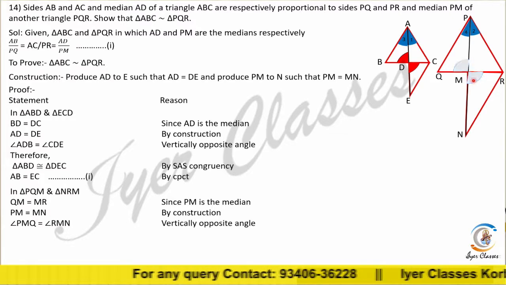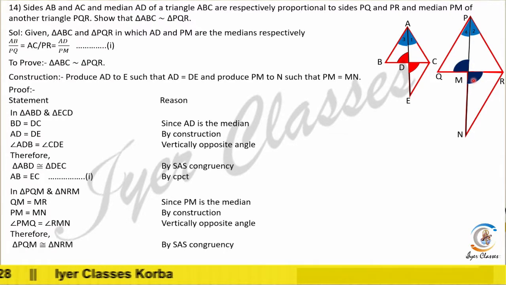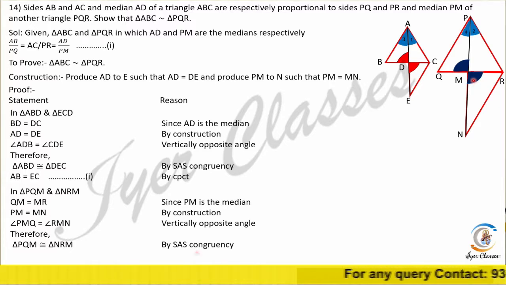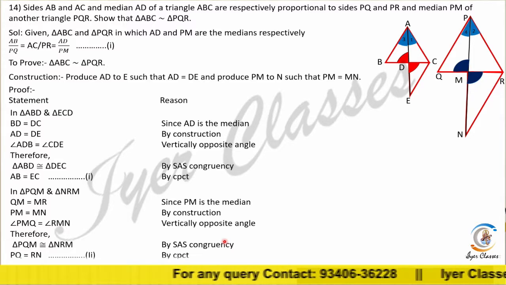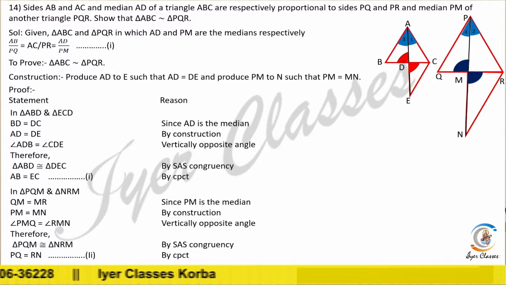So again the two triangles will be congruent to each other. Triangle PQM is congruent to triangle NRM by SAS congruency, and by CPCT you will also have this PQ and NR equal to each other, right?